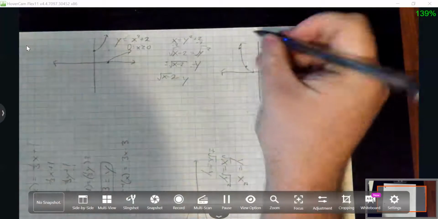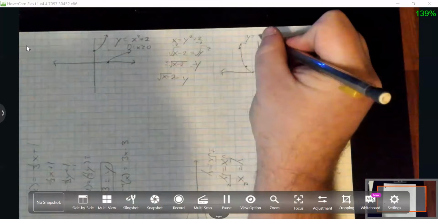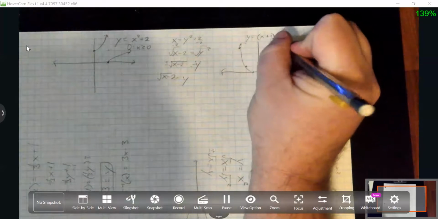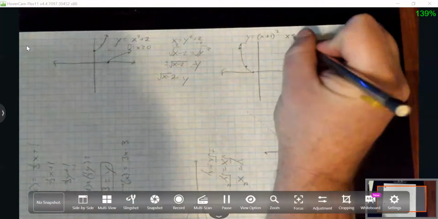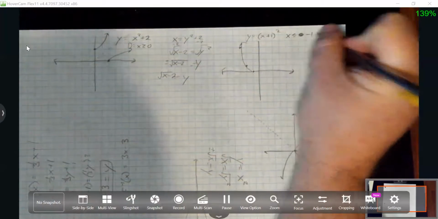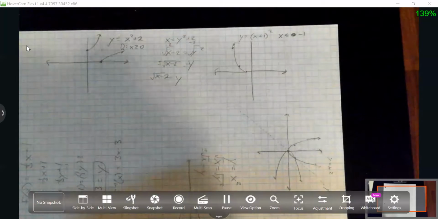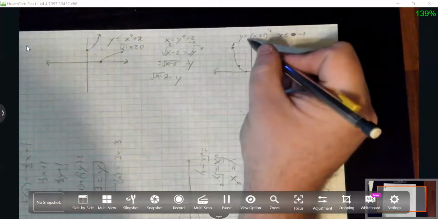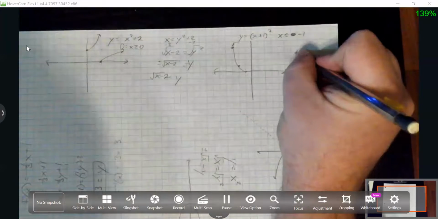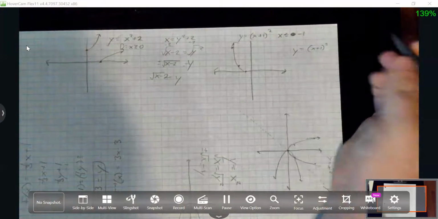The negative half of y equals, let's see, this would be x plus 1 squared, but we're only looking for x is less than or equal to negative 1. If we're only looking at this portion of the graph and we wanted to do the inverse, we'd still do the same process. So I'm going to take my equation, switch the x and the y's. So I have y equals x plus 1 squared.